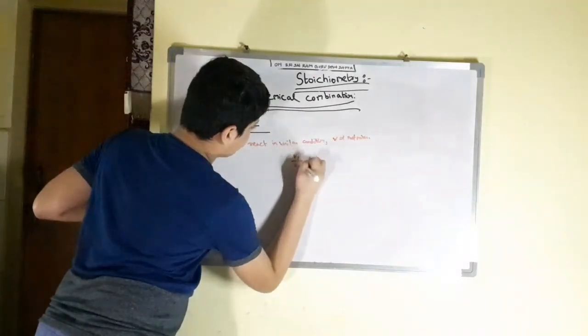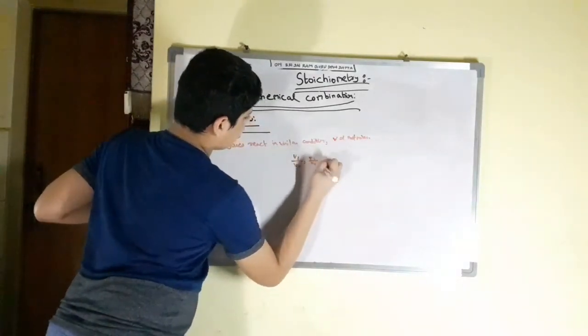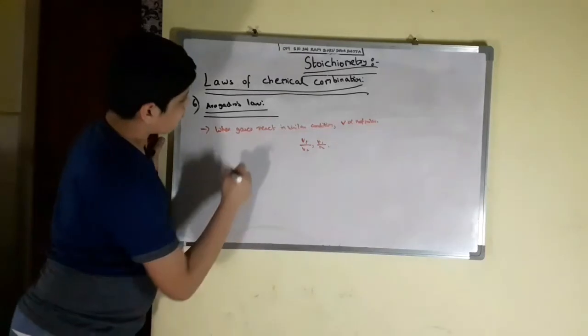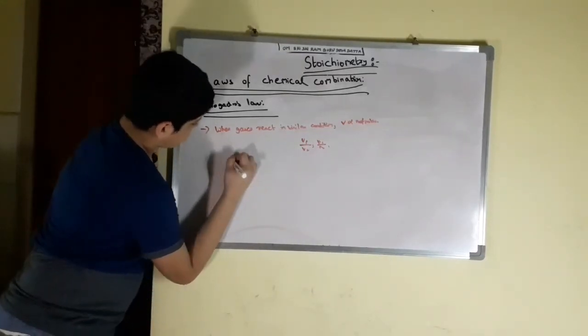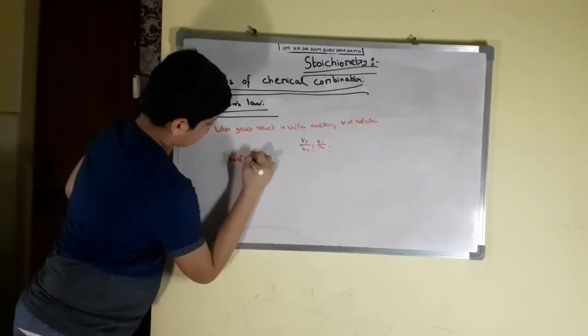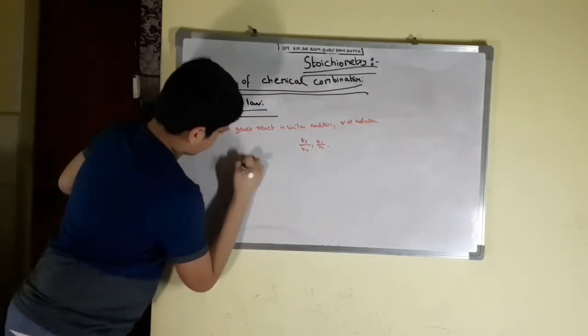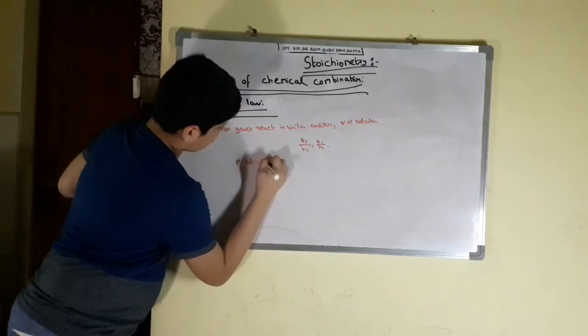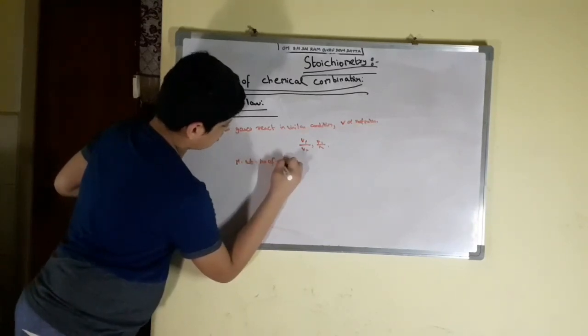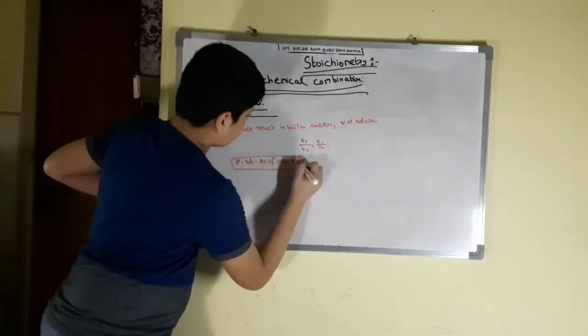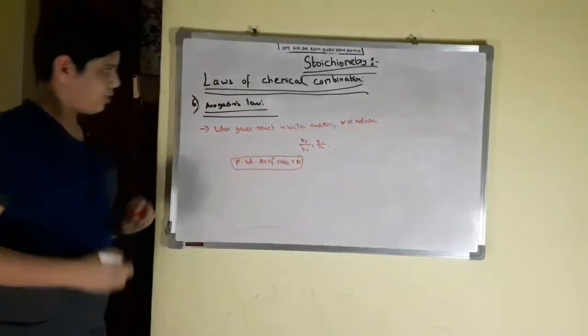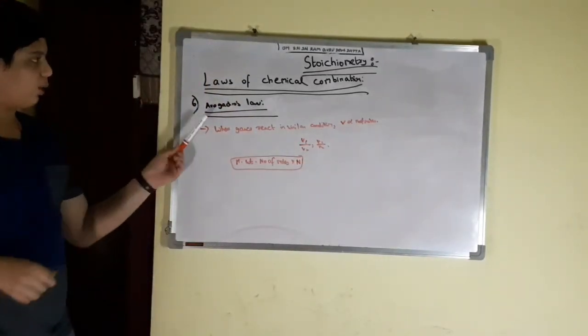That is V1 by V2 is equal to N1 by N2. Okay, that is the number of moles. Sorry. Molecular weight is equal to number of moles into N. Okay. So this is about Avogadro's law.